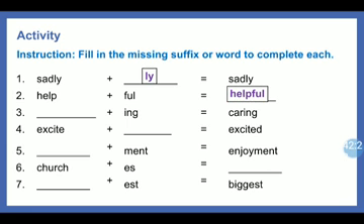Our root word is care. Excite. We do not know the suffix, but we know that the new word is excited. What did we add? We added d.